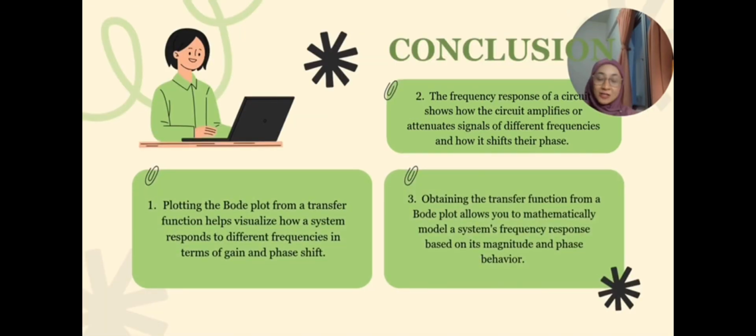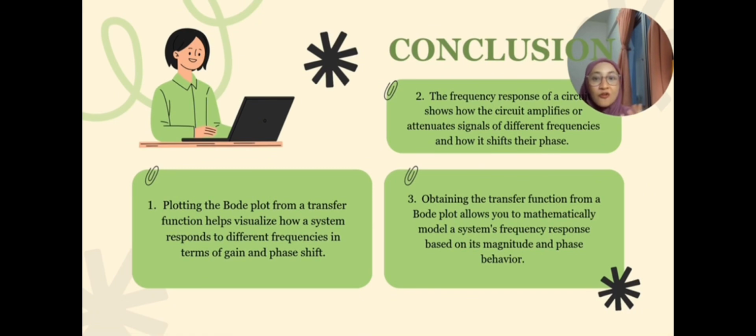Last but not least, we are going to explain the conclusion. What we get from this assignment is, firstly, plotting the Bode plot from a transfer function helps visualize how a system responds to different frequencies in terms of gain and phase shift.